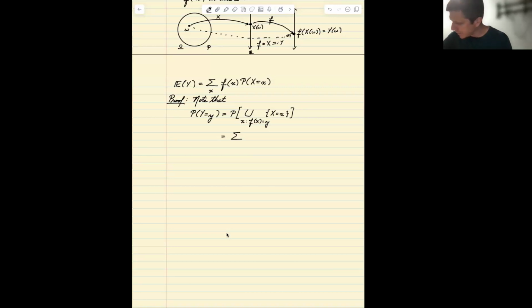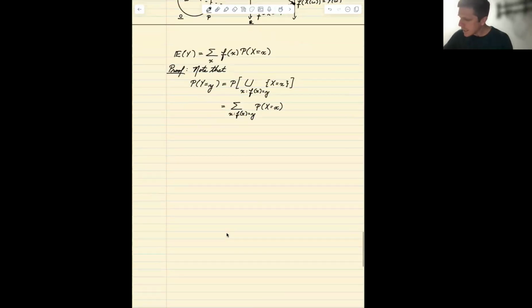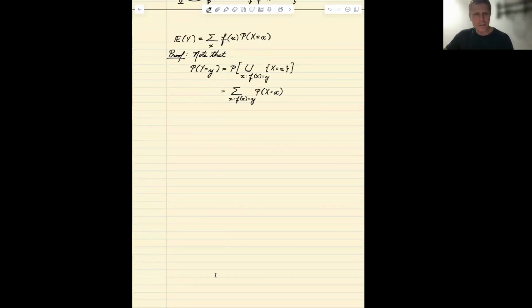So that can be written as a sum over all such x values of probability that x is equal to that given value. Okay, so that's the key to this, because we know by definition the way that we're supposed to calculate expectation of y is by summing over all possible values of y of the probabilities of y.